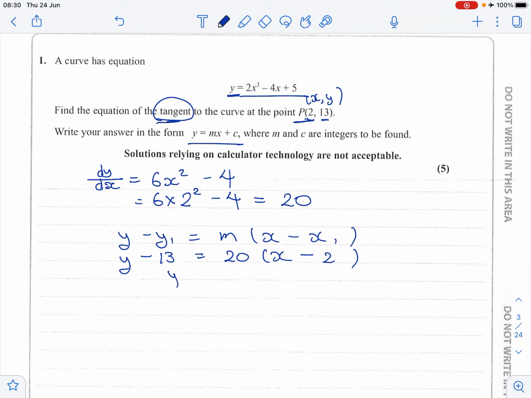So your y would equal 20x minus 40 plus 13. Therefore, in the format, it's y equals 20x minus 27.